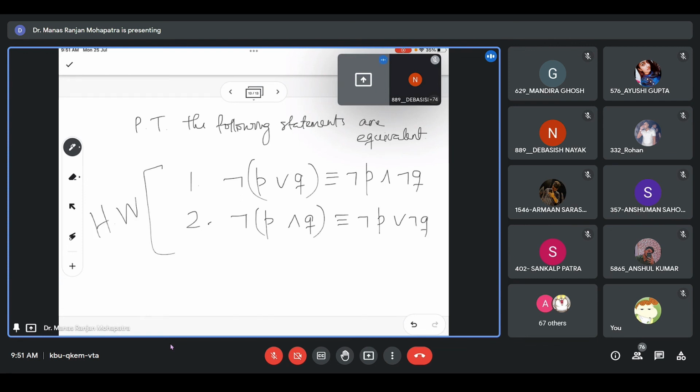Using truth tables, try to prove these two statements. These two equivalences are called De Morgan's laws. So just go through the truth table and show that this compound statement has the same truth value as this compound statement, and this one has the same truth value as that one.